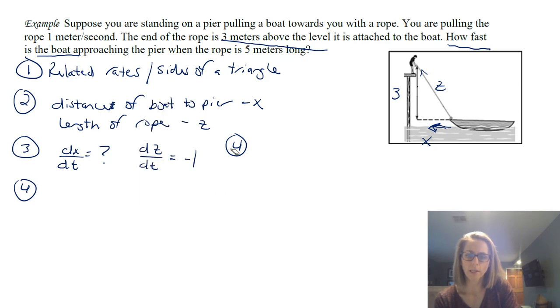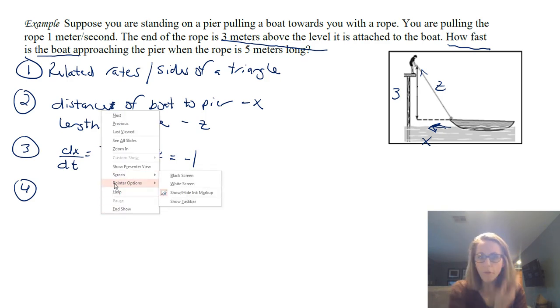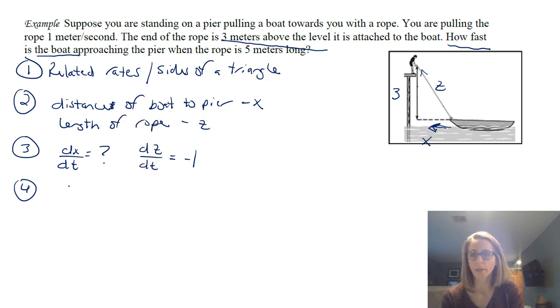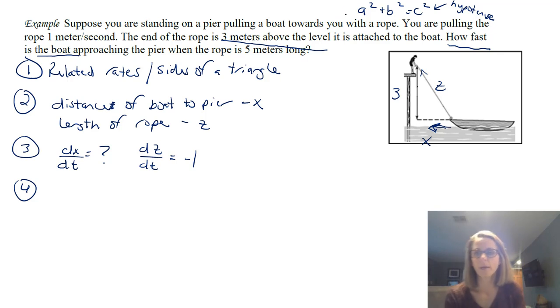The key thing to see with the sides of a triangle is you could talk about the area of a triangle. There are other things to see with triangles, but a very popular one is the Pythagorean theorem, relating the three sides of a triangle. So way back in the day, you learned that a squared plus b squared equals c squared, where c is the hypotenuse, and a and b are the other two legs.